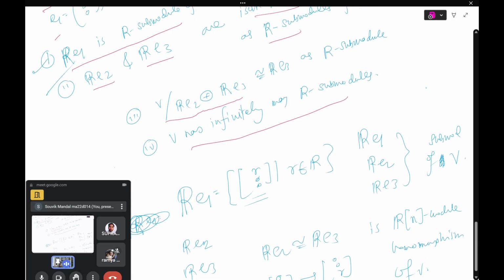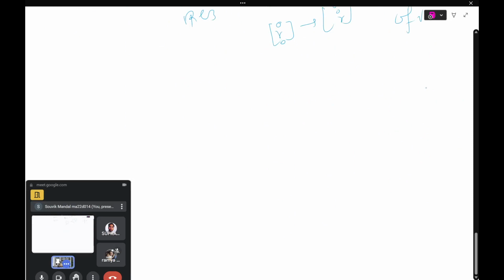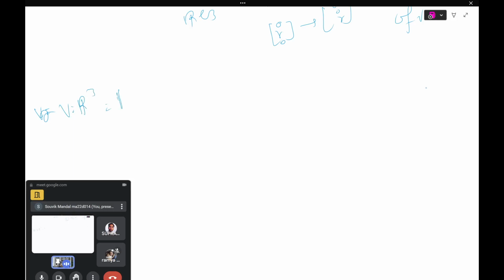Second option is correct. Option 3 and 4. Now point is that any element in V is equal to what? V is equal to R^3, right? So it can be written as (r1, r2, r3). So this is r1 of (1,0,0), r2 of (0,1,0), r3 of (0,0,1).